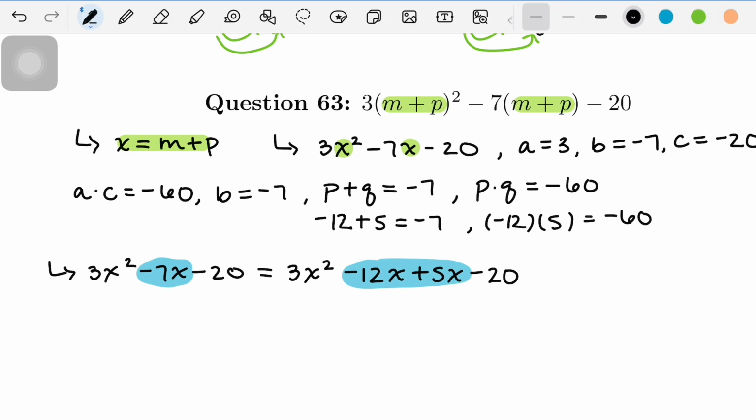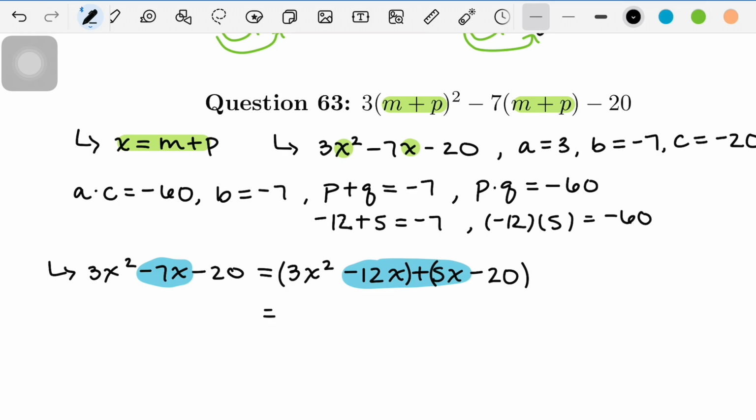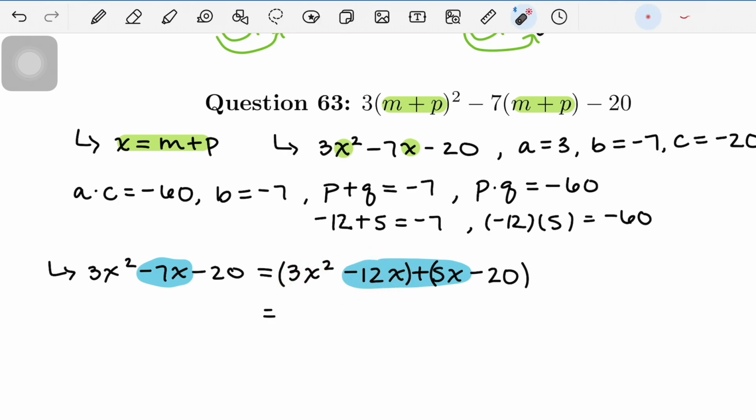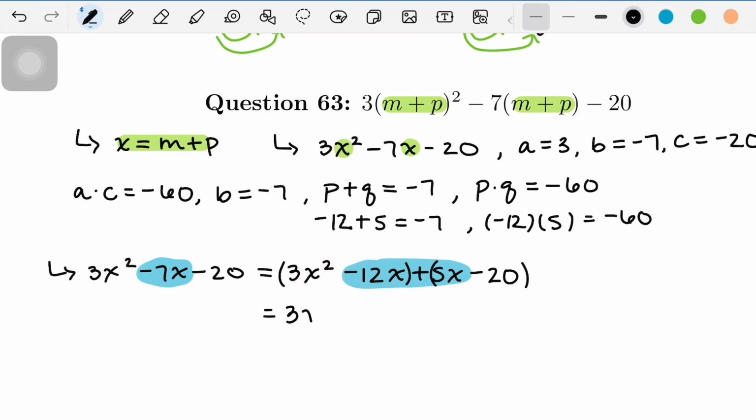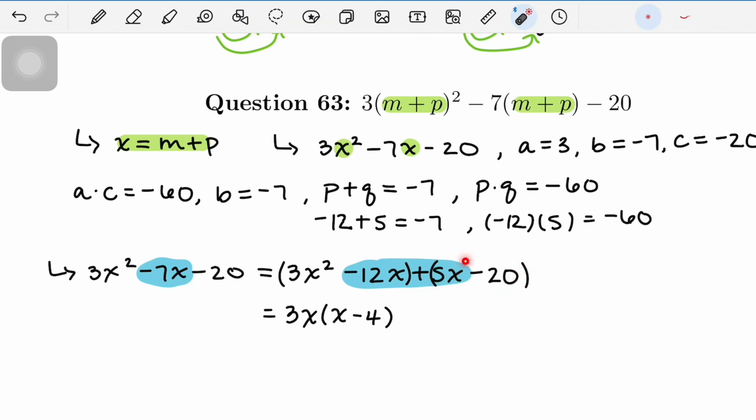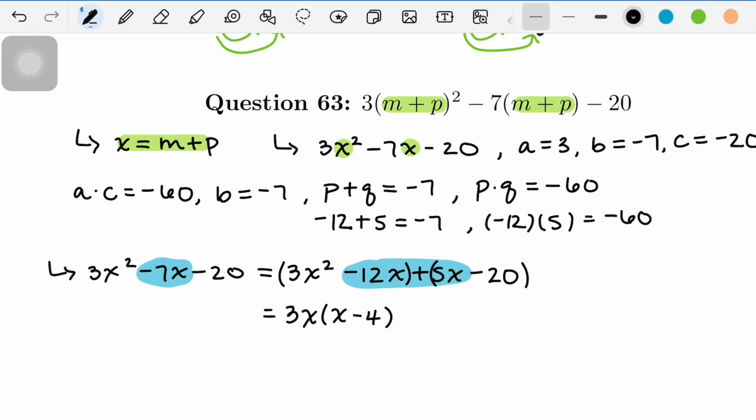So now that we have 4 terms, we can group these guys into 2 different pairs that share common factors. So first off, we're going to group our 3x squared and our minus 12x, and then our 5x and our minus 20. So these guys share a common factor of 3x, so I'm going to pull that guy out. I'm going to be left with x minus 4 here, and then this pair shares a common factor of 5.